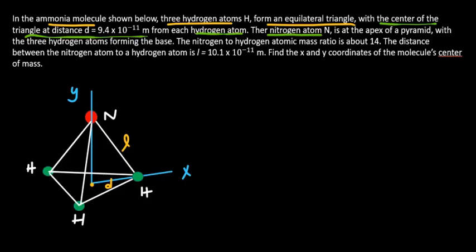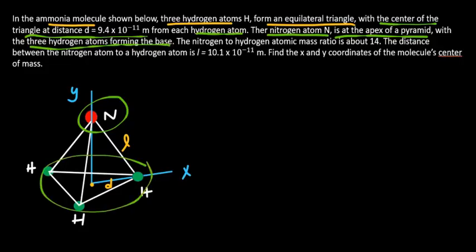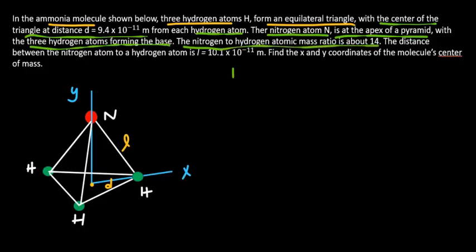The nitrogen atom, represented by this capital N, is at the apex of a pyramid with 3 hydrogen atoms forming the base. So this is the base of that pyramid. The nitrogen to hydrogen atomic mass ratio is about 14. That means the mass of the nitrogen atom over the mass of the hydrogen atom is about 14.